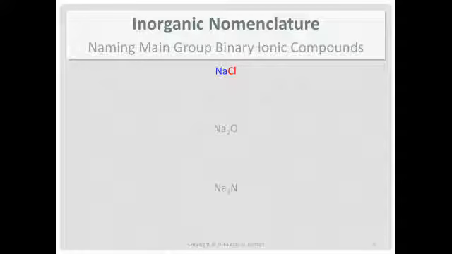So the first thing is to identify the cation and the anion. And what are their names? Sodium for the cation, and chlorine becomes chloride. So there's the name, sodium chloride.